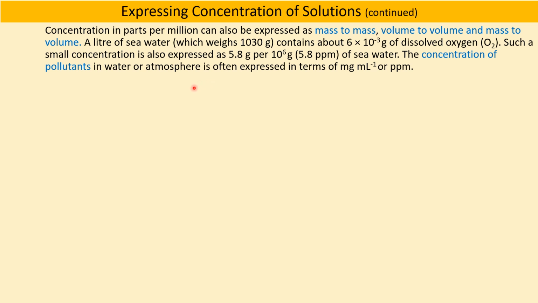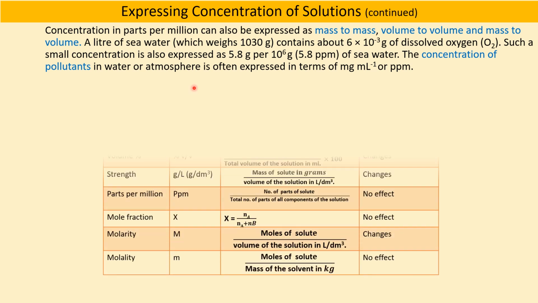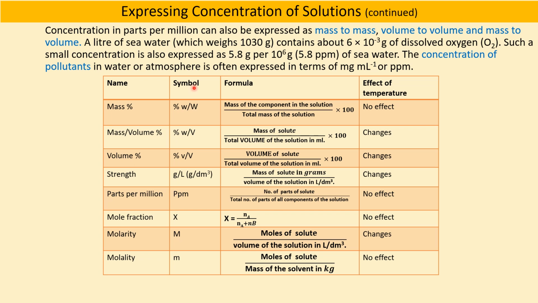So let us summarize the various ways of expressing concentration of solutions, which is shown in the table on your screen. The first one is mass percentage. Its symbol is percent W by W, and its formula or definition is mass of the component in solution divided by total mass of the solution into 100.